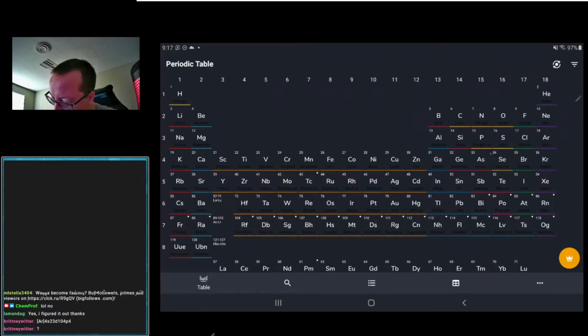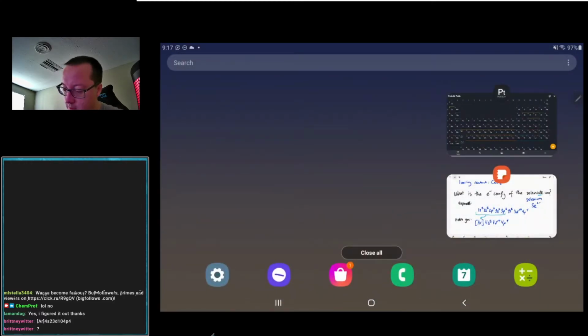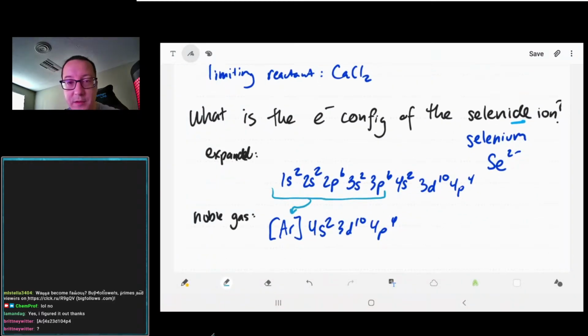So if it was here, and we're going to give it 2 more electrons, that's going to make it essentially resemble krypton, right? Giving it 2 more electrons, we're just going to have to add those in. So if it normally is 4p4, we want to give it 2 more electrons. That's going to make it 4p6.